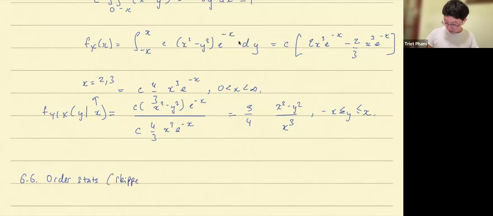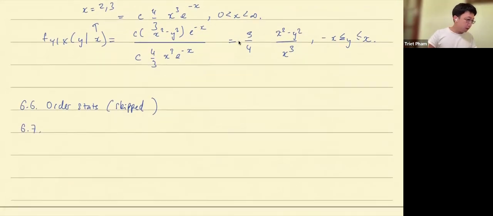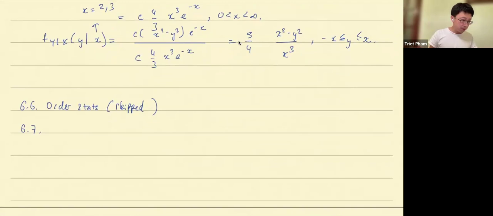Skip for now. But it's going to be a topic that's picked up in statistics, for example. So let's take a look at 6.7. Transformations of random variables.